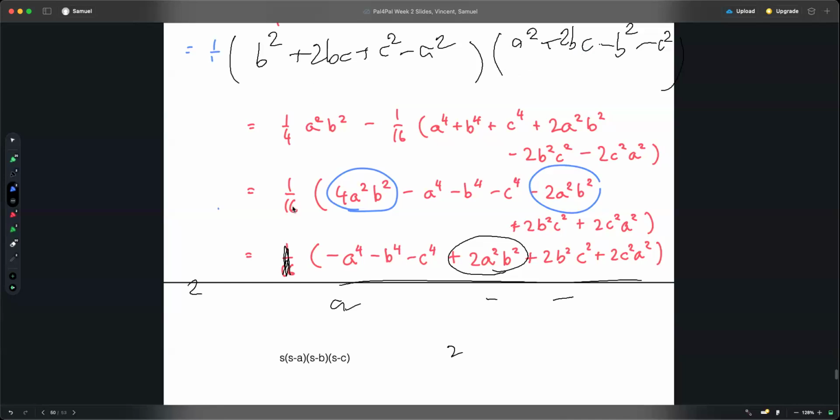Next is negative b to the fourth in these two, which is this. Next is negative b squared c squared.